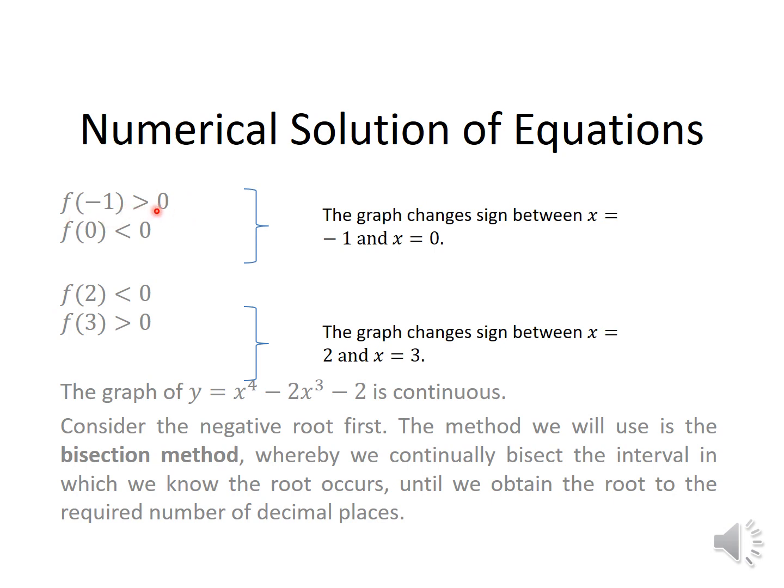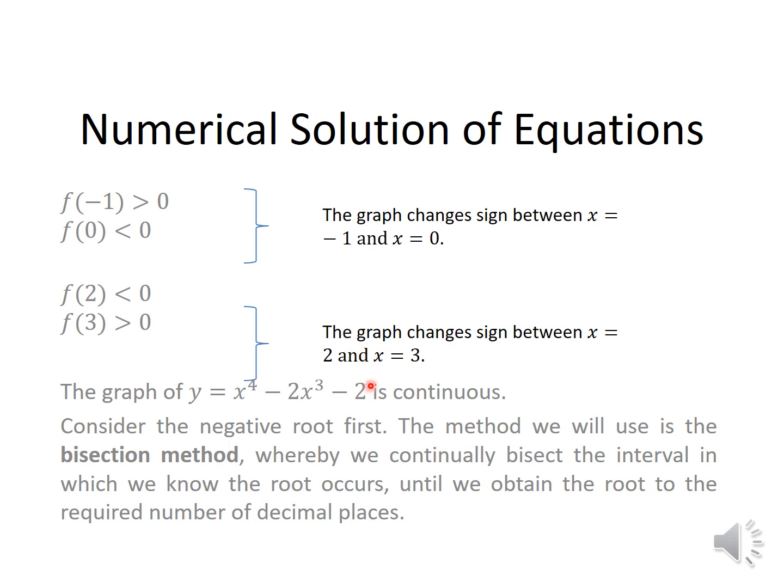You can check the table. f(-1) is positive 1. And f(0) is a negative value. The value is -2. So meaning that the sign changes from positive value to negative value for the first root.